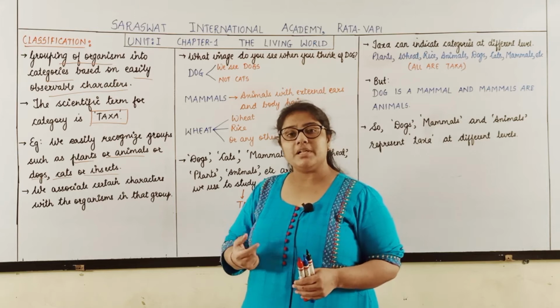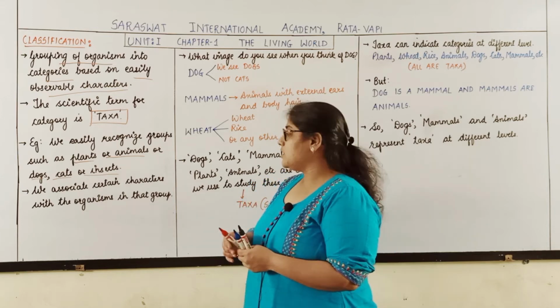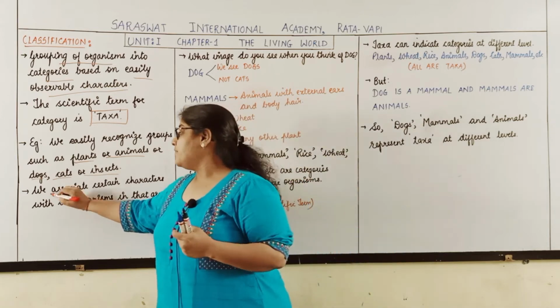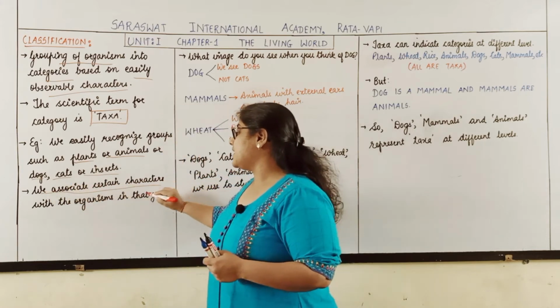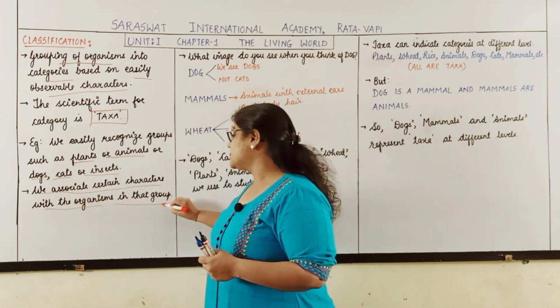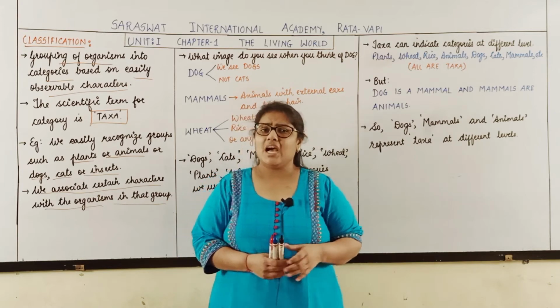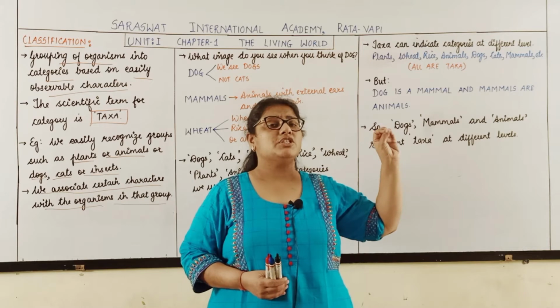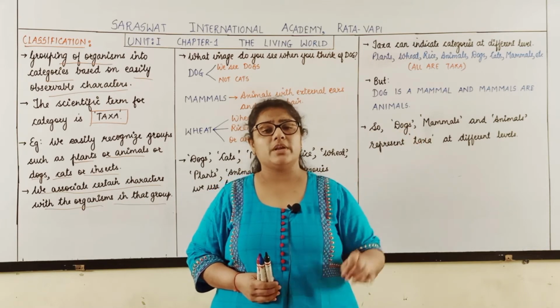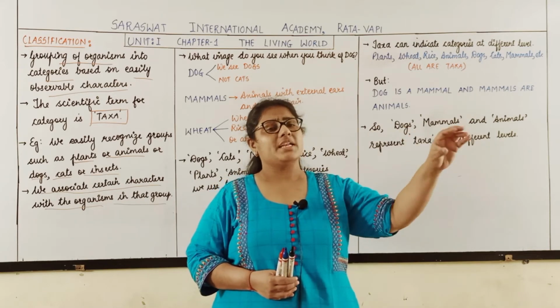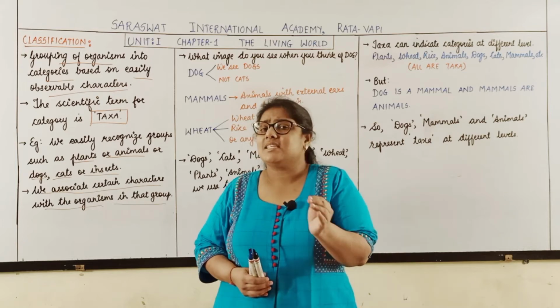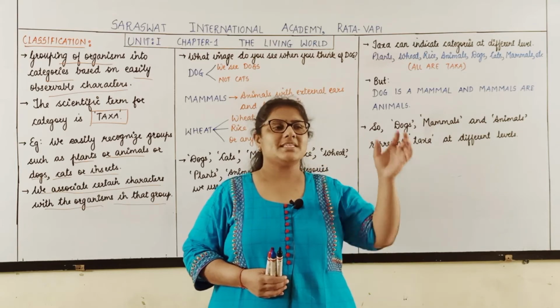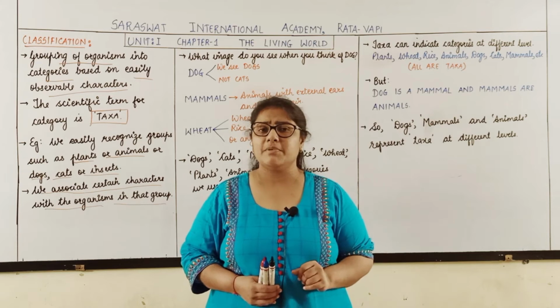We are able to recognize these groups because we associate certain characters with the organisms in that group. For example, if you see an organism which has a leaf, flower, root, etc., you say that organism is a plant and not an animal, right? You will always say that it is a plant.